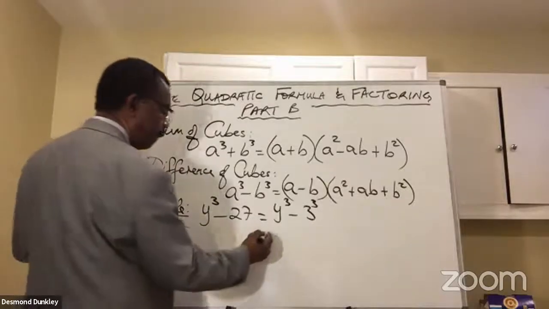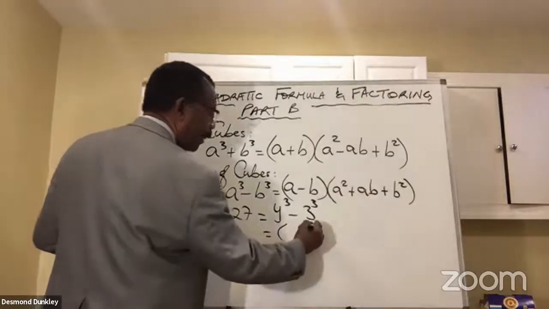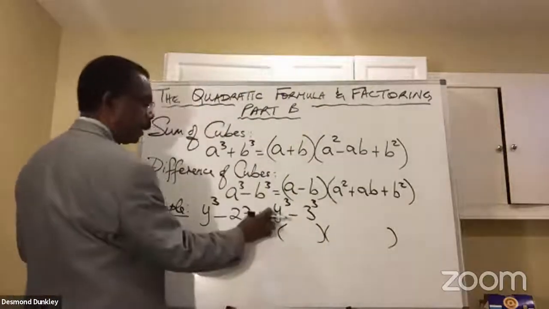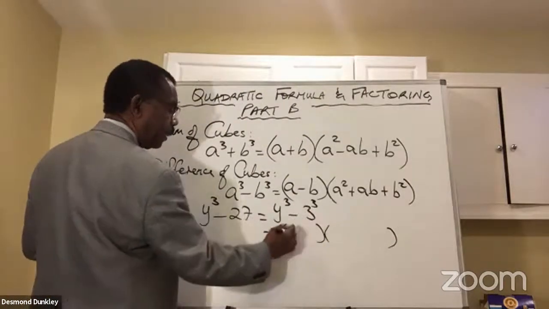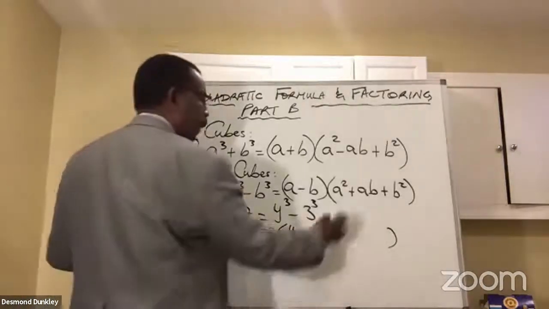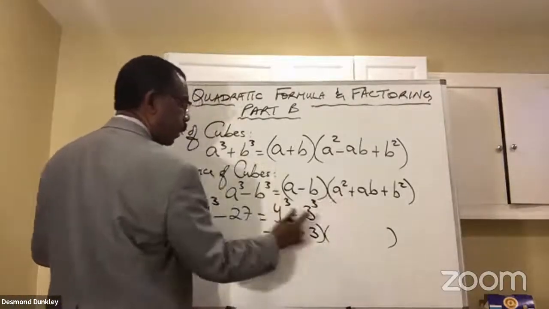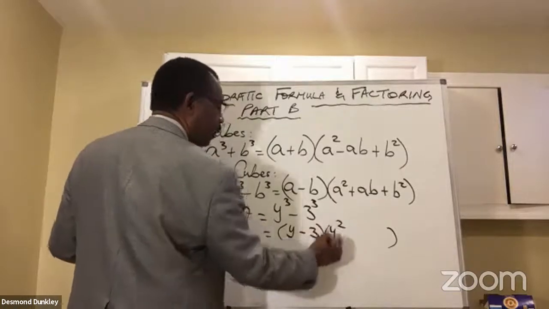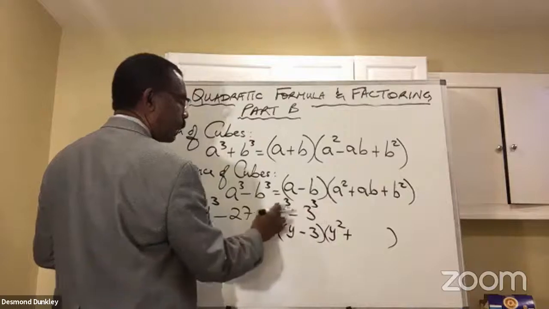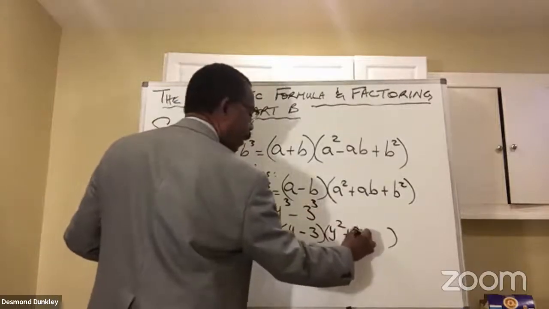So what do we have? We have our binomial and our trinomial. This is your A, this is your B. So you have y minus 3. And according to this, this squared is y squared. Plus, so it's plus 3 times y, which is 3y.